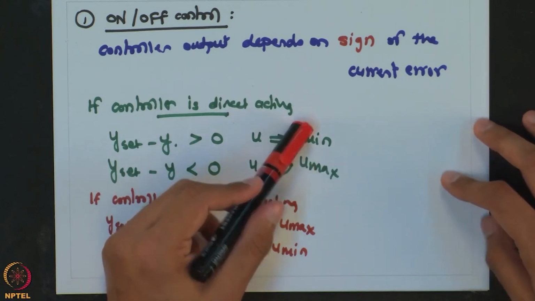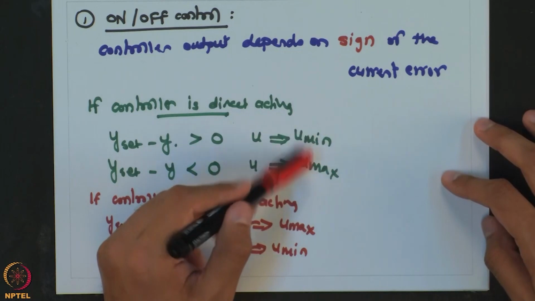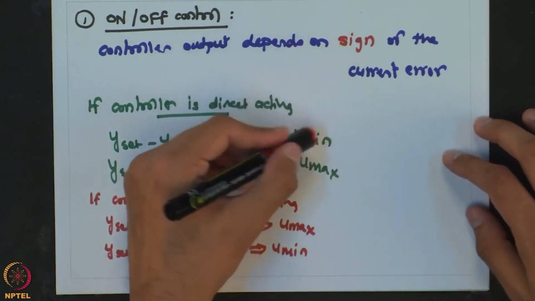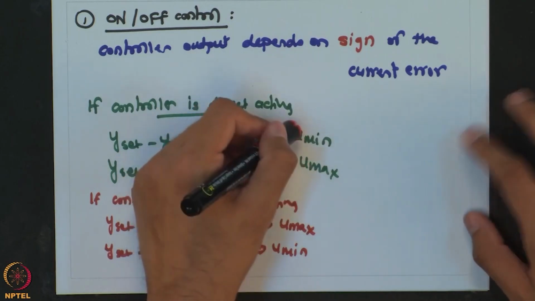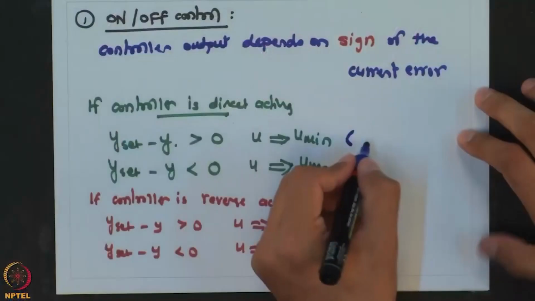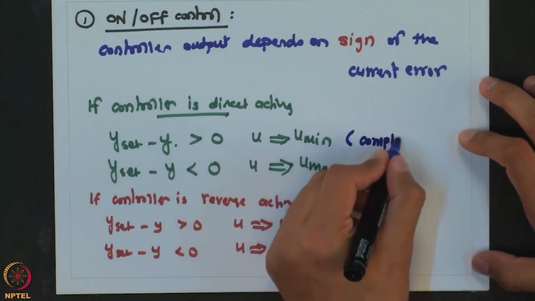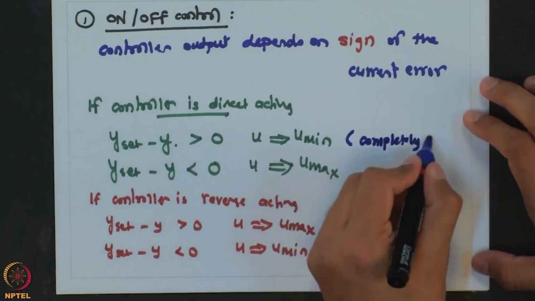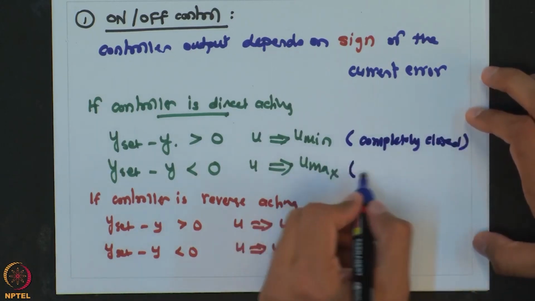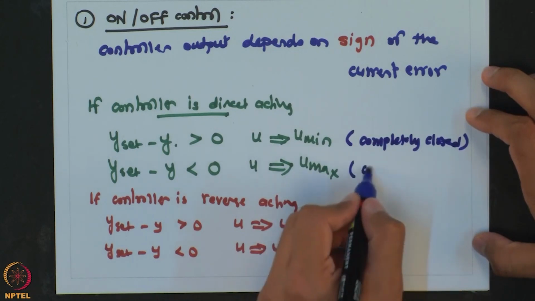So, the only two values which the manipulated variable can take are u max and u min, and in typical physical systems, u refers to the opening of a valve, some sort of a control valve, and that means the valve will go between completely closed to completely open position. So, typically this would be completely closed if it is a fail close type of valve, and this would typically mean completely open.